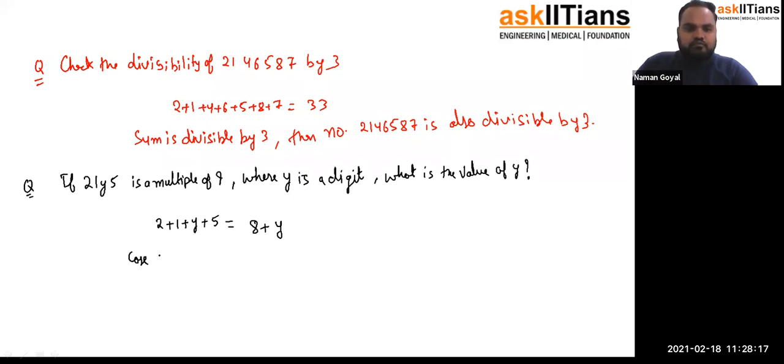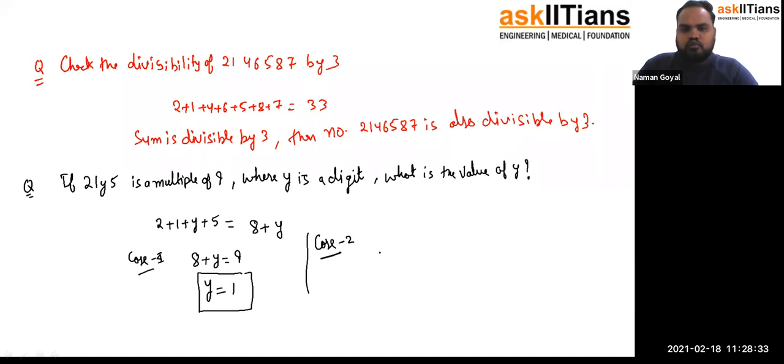Case 1: 8 plus y can be 9. If 8 plus y is 9, then the value of y is 1, isn't it? Now case 2: 8 plus y can be 18.